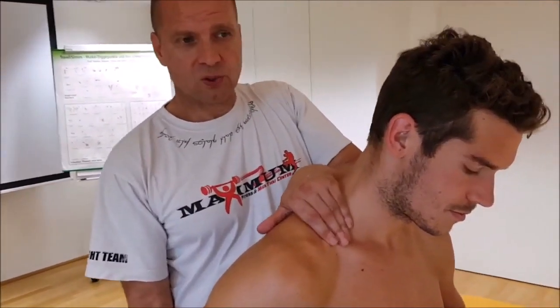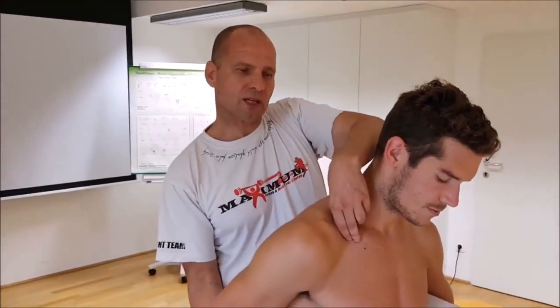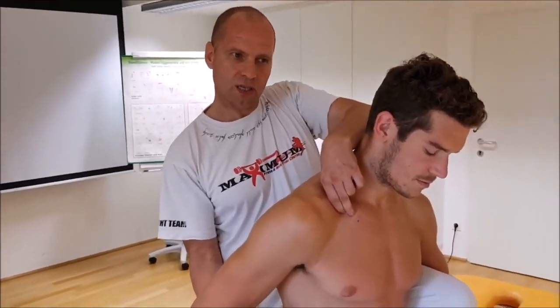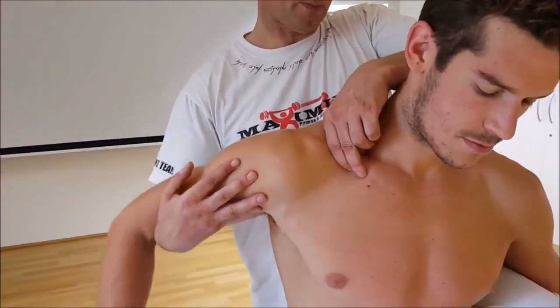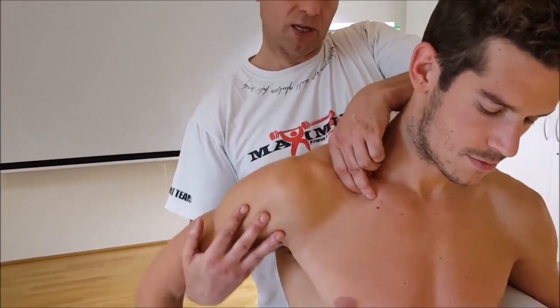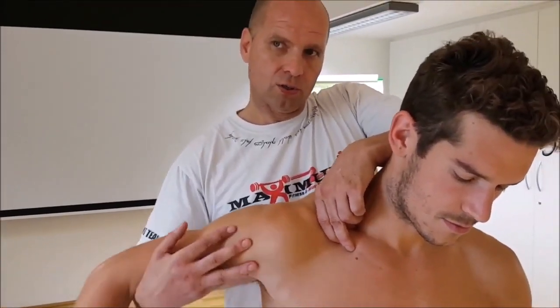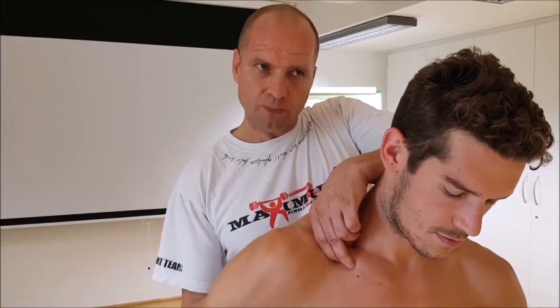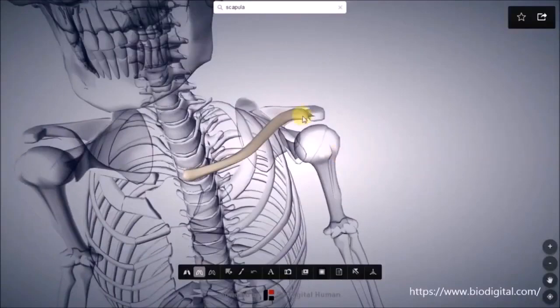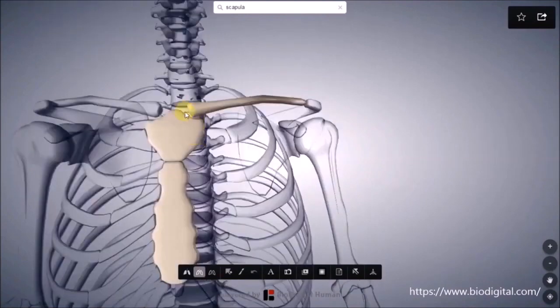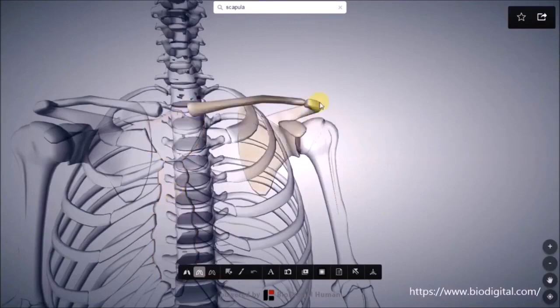The brachial plexus can be irritated by these small misalignments of the clavicular joints, which are often present. To do this, try to fix the clavicle and at the same time circle the upper arm backwards. I can't really prevent the clavicle from moving completely, but I achieve through this maneuver that possible subluxations of the clavicular joints are released.